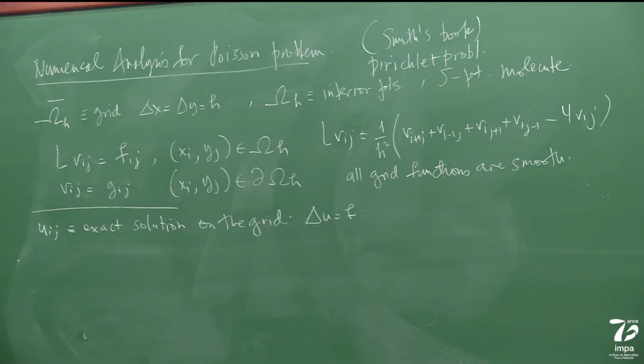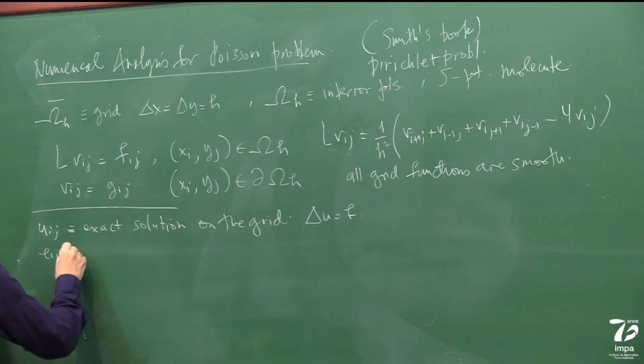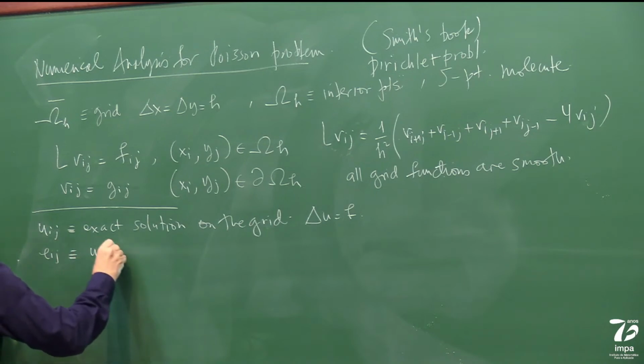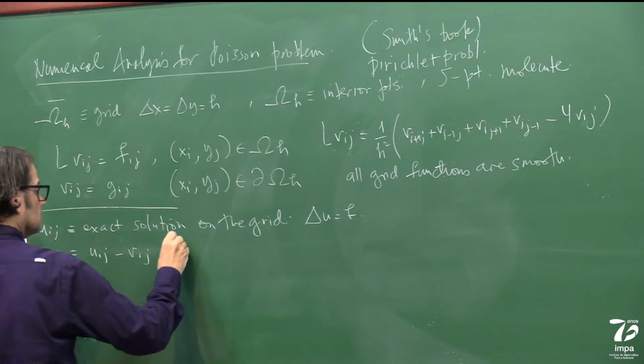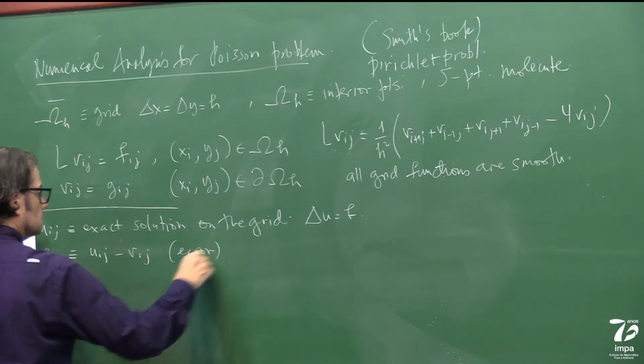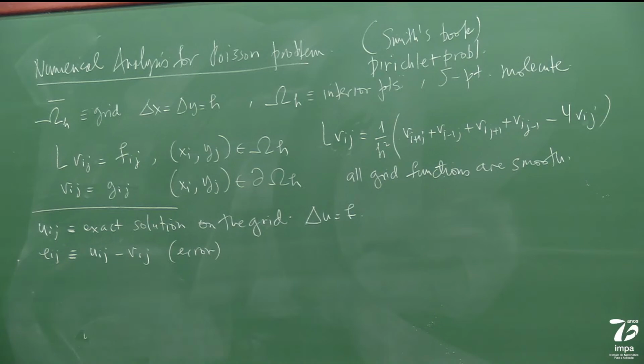Okay, the other thing we need to know, well, Eij is the error. Okay, of our right? This solves Poisson's equation. This solves the discrete Poisson's equation.